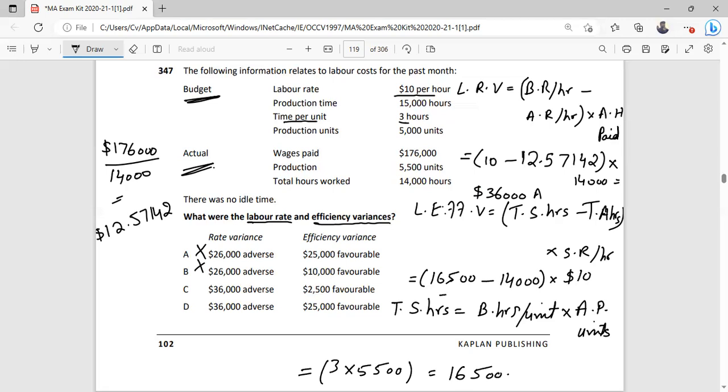So you can solve this: it is $25,000 favorable. You were allowed to complete your job within 16,500 hours, but you completed your job within 14,000 hours. That's why you have a favorable variance of $25,000, and your correct answer is D. A, B, and C, all three are incorrect. Any question?